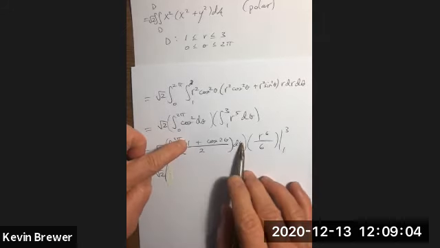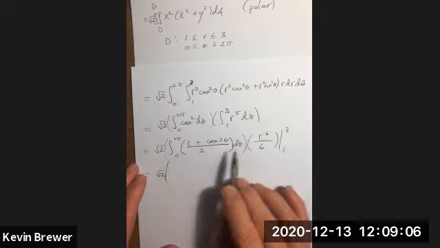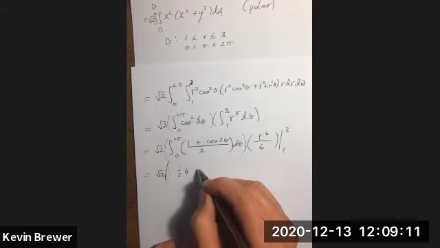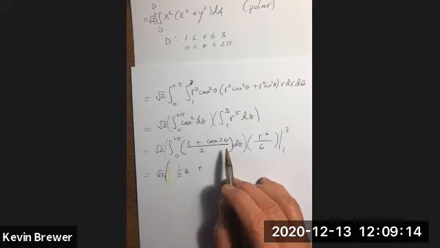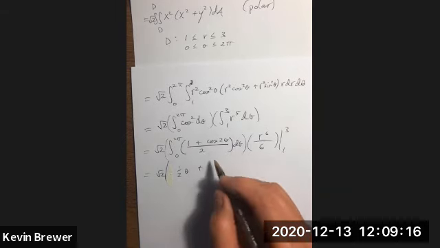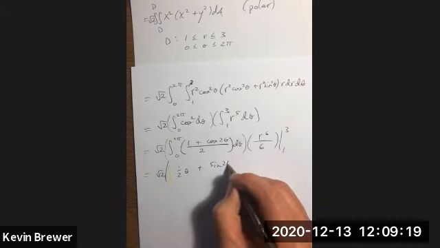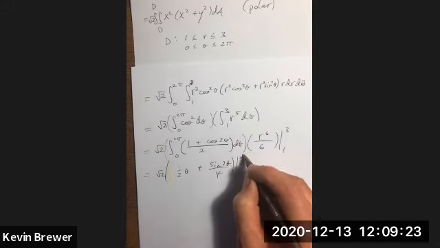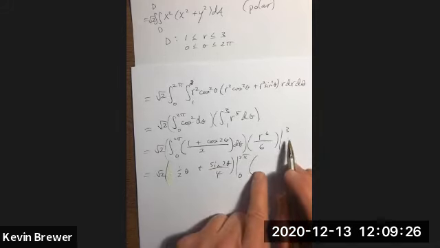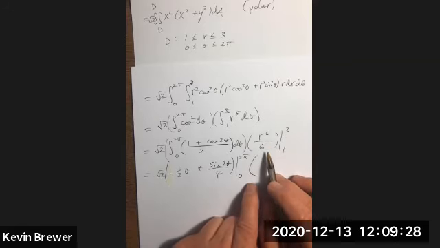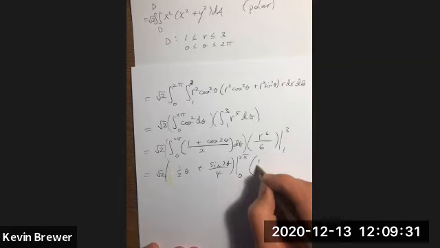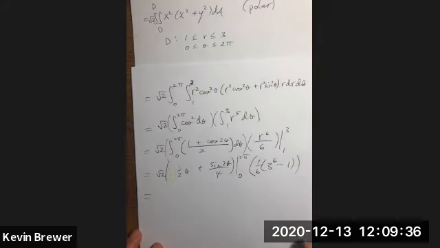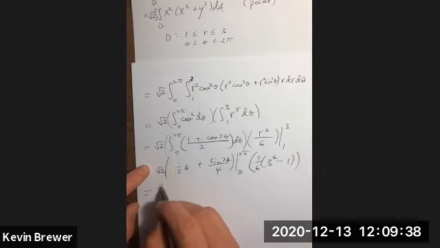So antiderivative of 1/2 d theta is just 1/2 theta plus the antiderivative of cosine of 2 theta over 2 is sine of 2 theta over 4. All of this from 0 to 2 pi. This is now 1/6 times 3 to the 6th minus 1. And let's see, square root of 2 over 6.